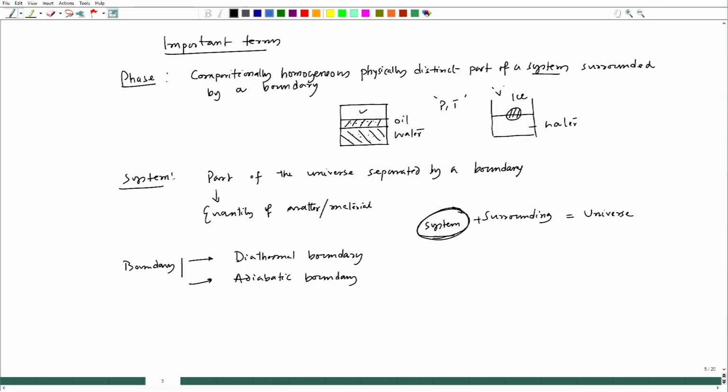The adiabatic boundary does not allow heat as well as mass to pass through.